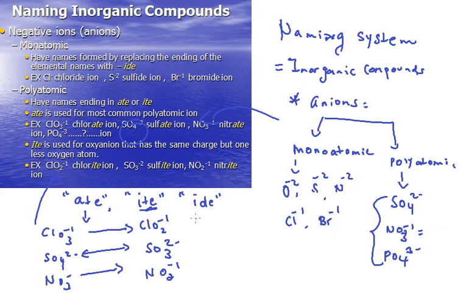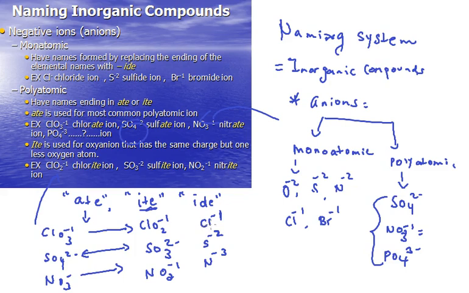Now the IDE groups are the monoatomic ions. For example, chloride is an IDE group. Sulfide, S-2. Nitride is going to be N-3. The numbers always correspond with the groups where the ions are located. Chlorine, for example, is in group 7, and the charge of chlorine must be -1.